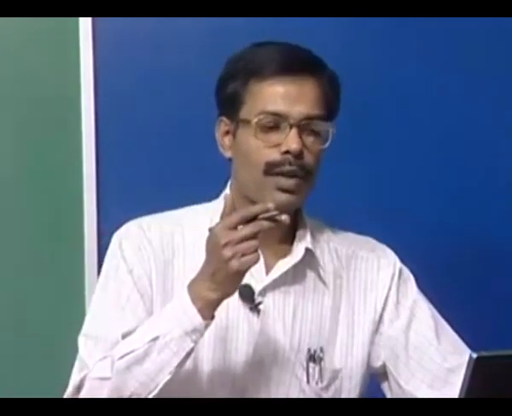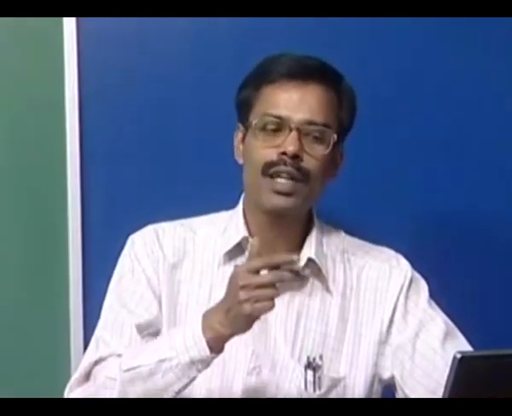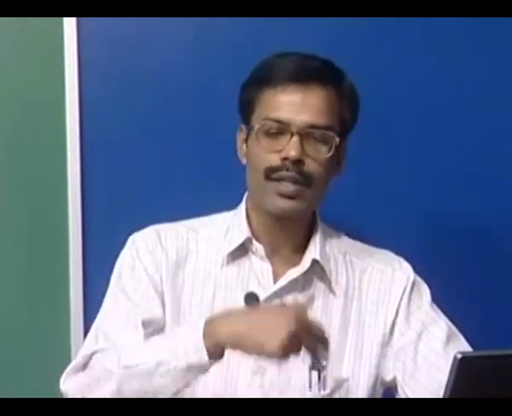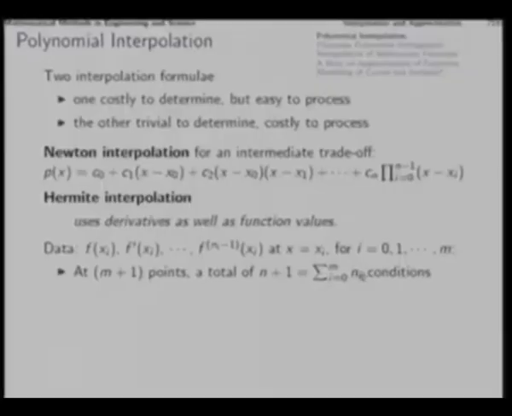Now, whatever be the number of data items, function and its derivative values at every point, if you add up those conditions, the total number of conditions that is given in terms of function values and their derivatives will equal one more than the degree of the polynomial that you can model. Why?